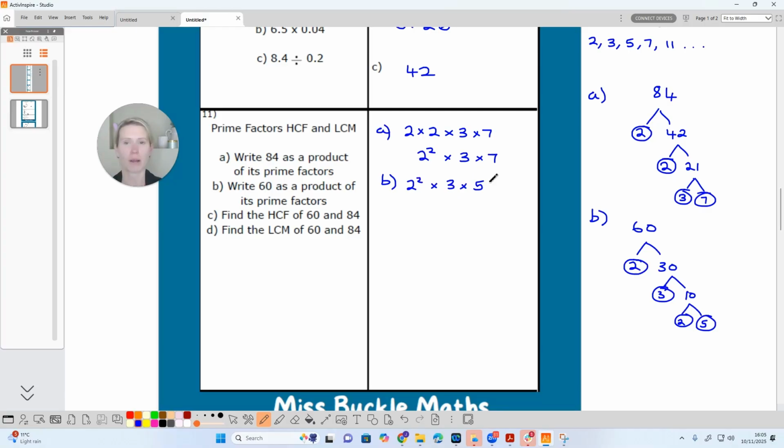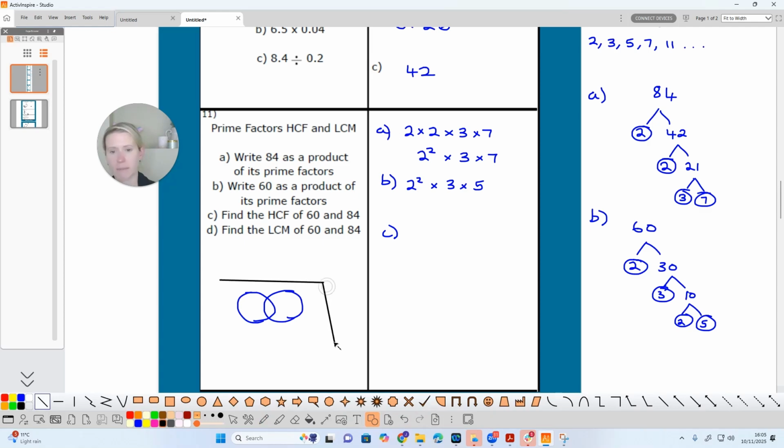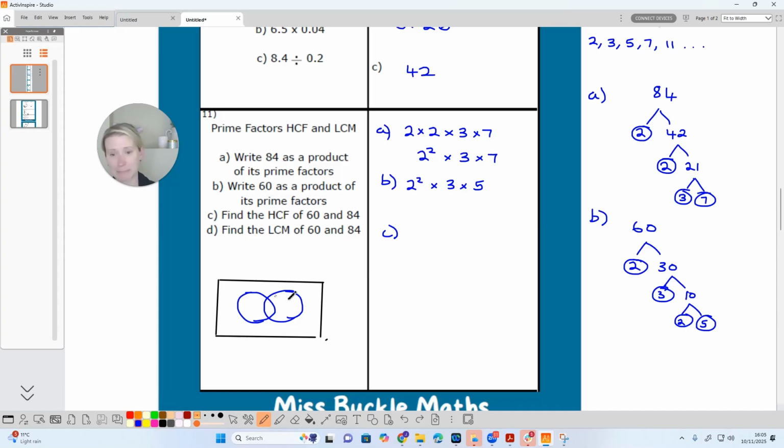Now the best thing about prime factor decomposition is we can use it to find the highest common factor and the lowest common multiple. So to do this requires putting our factors into a Venn diagram. So a Venn diagram is 2 overlapping circles. Well, overlapping in this case because there is an overlap. We're writing 84, we're writing 60, and we're putting the prime factors into this diagram. So they both have 2 squared in common.